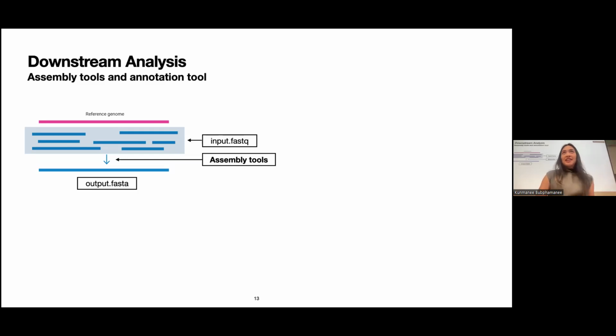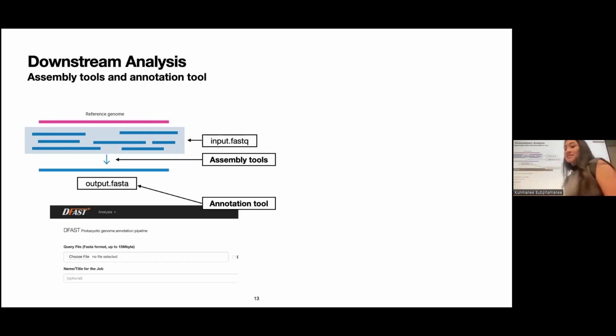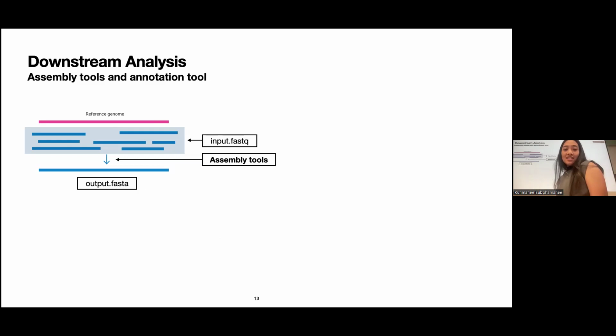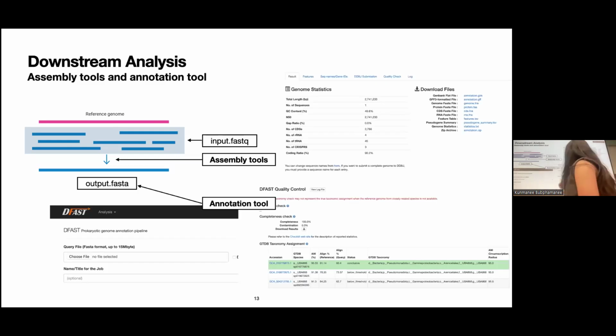Then we need to annotate it, try to find out who it is. So I used DFAST, which is also a free server. You just upload the file and it takes about 10 to 30 minutes to read it fully. It will tell the genomic information, like how many bases, how clean my data is.